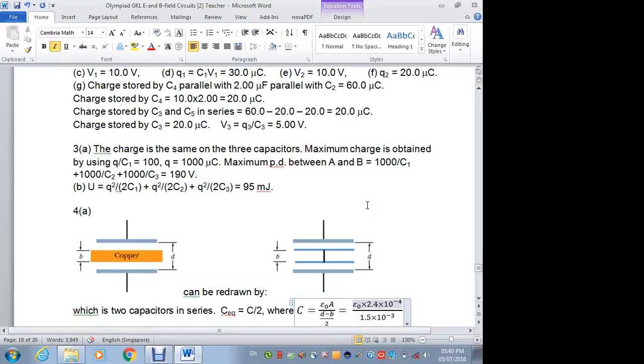So V1 plus V2 plus V3, that will give you 190 by substituting the values for C1, C2, C3. Understand? So you can sub in the values to see whether none of the capacitors actually exceeds 100 volts.